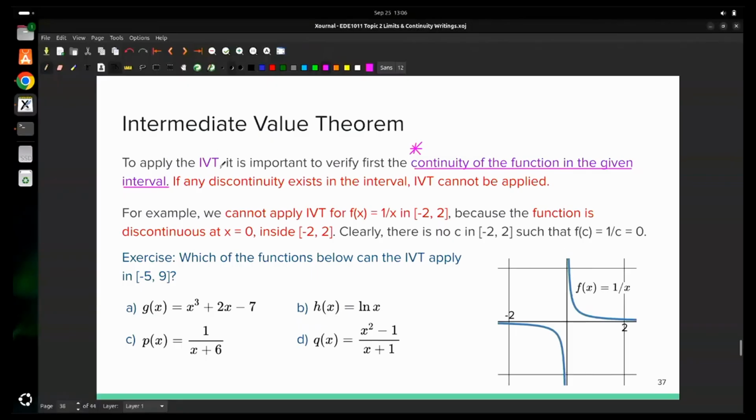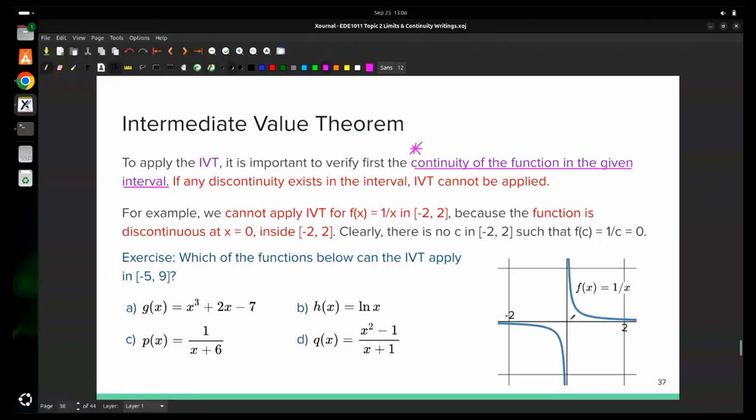Why is that so? If I ask you what is the value of C in between -2 and 2 such that the function gives me 0, you realize that there's no such C inside -2 to 2, because 0 is simply not in the range of the function 1 over x.